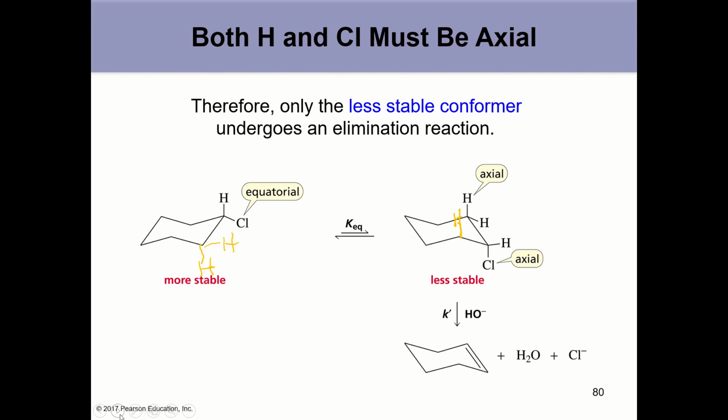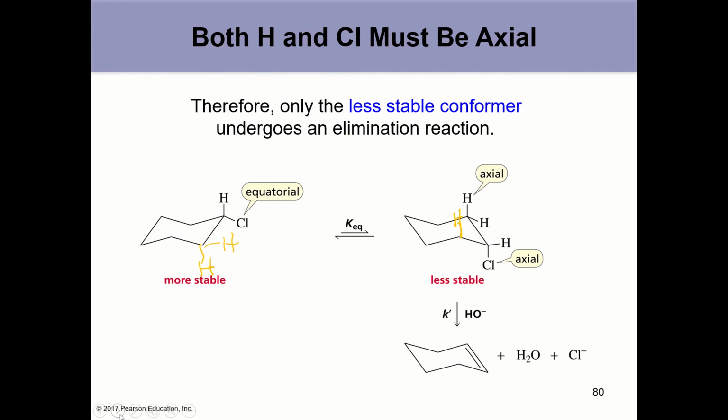Because in order to be eliminated, chlorine needs to be axial, a ring flip has to occur, but this is the less stable conformer, which means that it is present in solution for a lower amount of time than the more stable conformer. Which means that in order for the chlorine to be eliminated, the more stable conformer has to undergo a ring flip, and that takes more time.